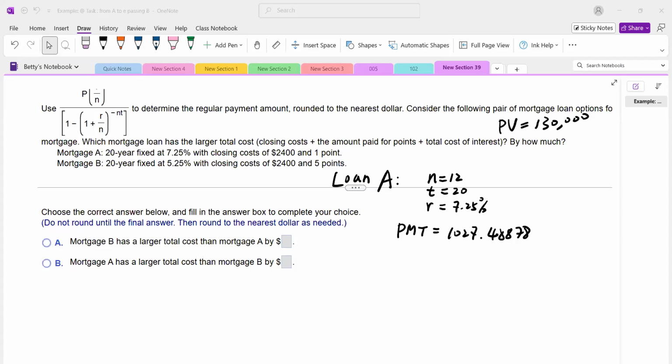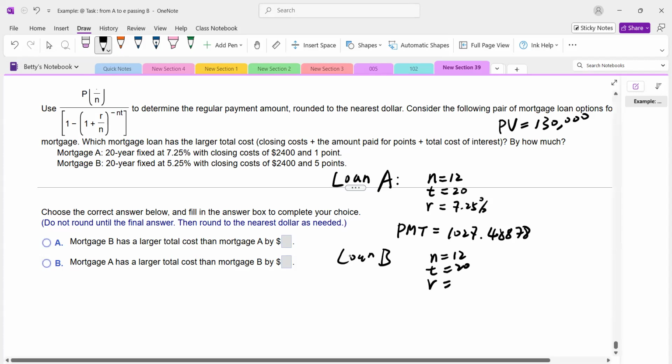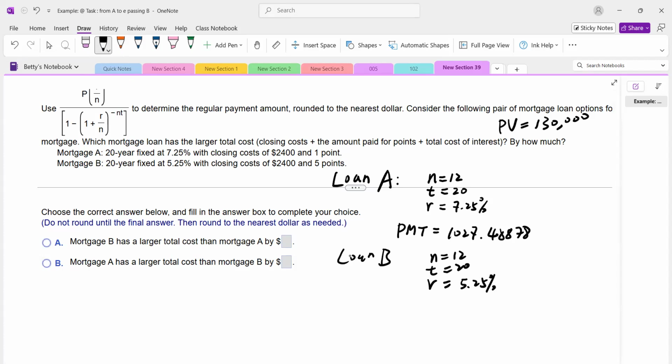And then sort the information for plan B. Sort the information for loan B. N is still 12, T is still 20. R is different. For plan B, annual interest rate is 5.25%. With closing cost of, okay, that's not related.